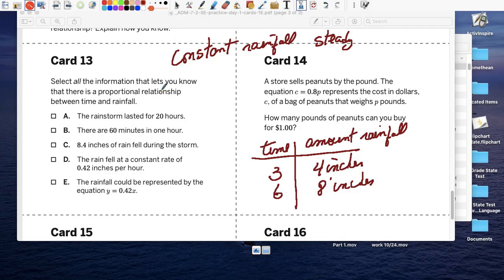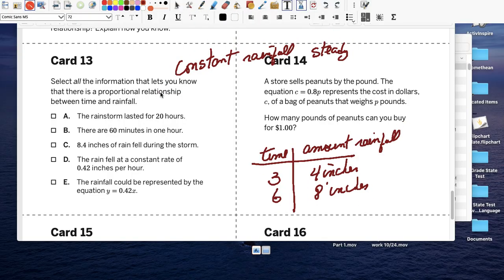B, there are 60 minutes in 1 hour. Okay, I know that. You know that. It doesn't tell me anything about the relationship between the amount of rain and the time that it rains. So I'm going to say no to that as well. Let's look for another one. 8.4 inches of rain fell during the storm.